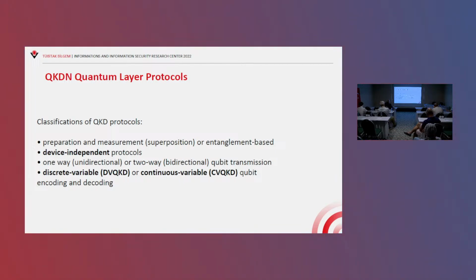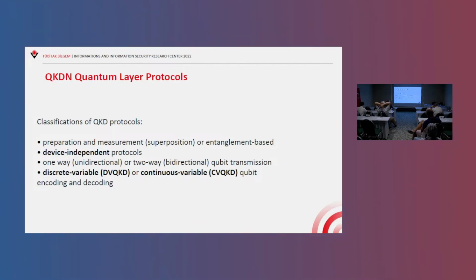Device-independent protocols would mean that even if Eve knows the particular receiver and transmitter structure, and the protocol is known by Eve, still the protocol works securely. These are referred to as device-independent protocols.